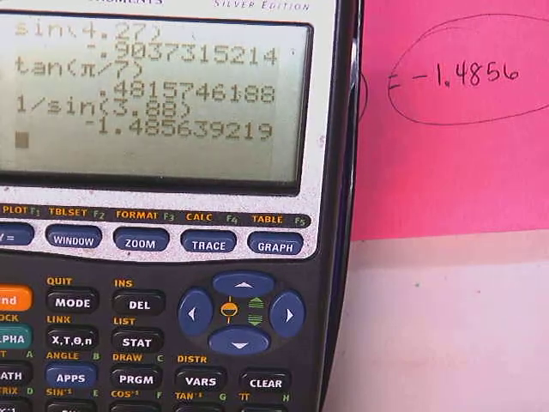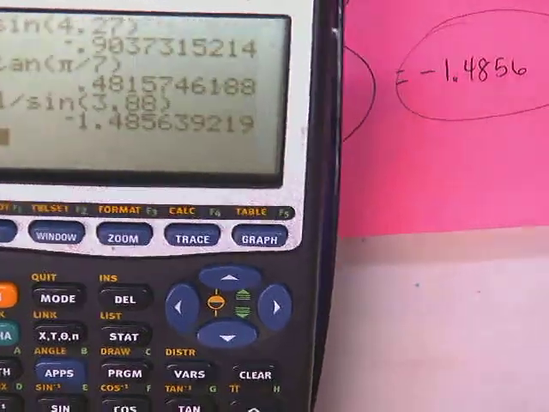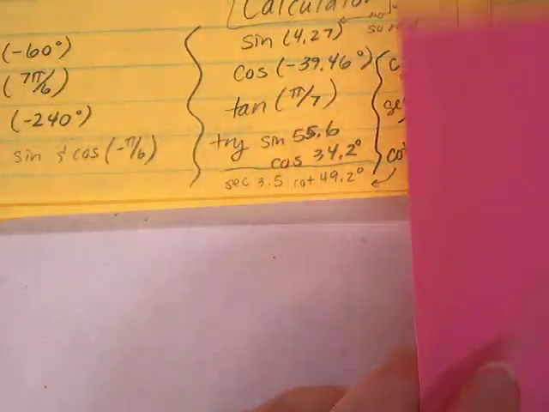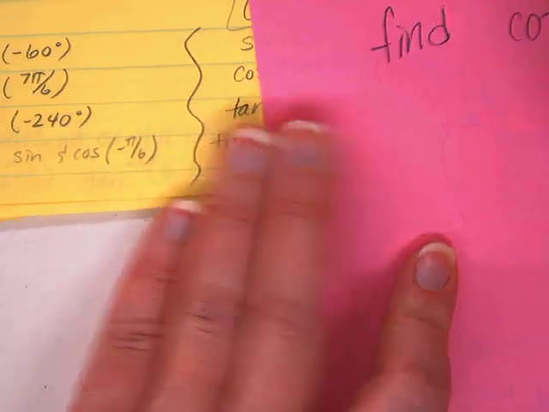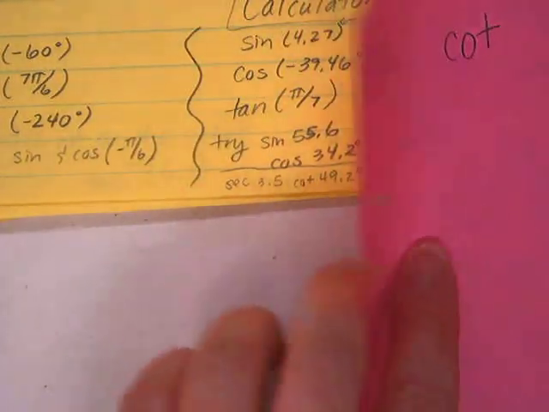Do you need to try more of those? Once I've taught you that once, it's the same for cotangent and secant. Are we good? Do you want to try one on your own, just to make sure?